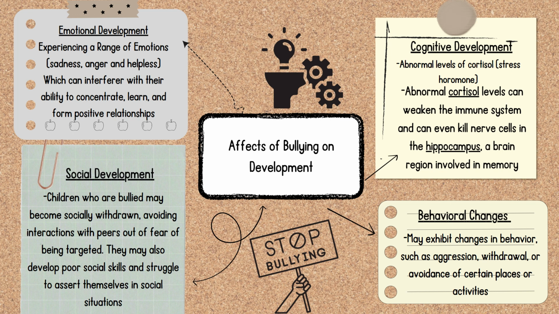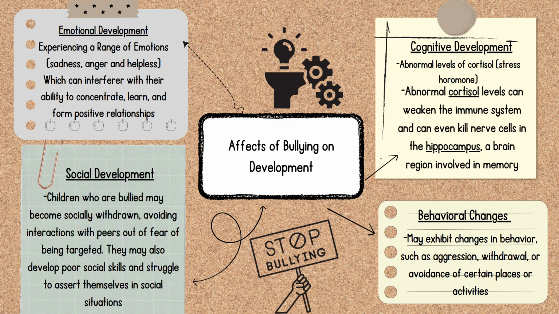Bullying can impact an individual's life in numerous aspects, such as their development. I will be discussing the four significant types of development that bullying can affect: emotional, cognitive, social, and behavioral. Emotional development. Bullying affects a child's emotional development quite severely. It could result in the child experiencing a range of emotions like sadness, anger, and helplessness.